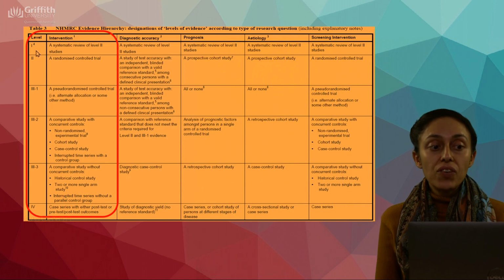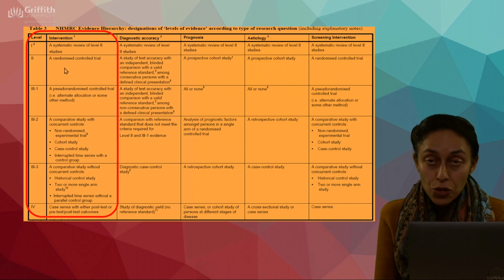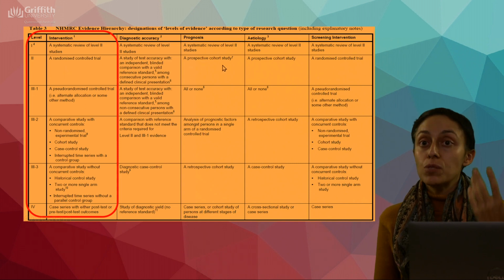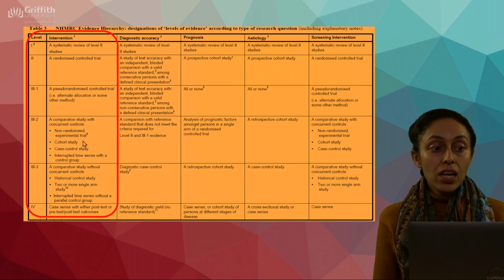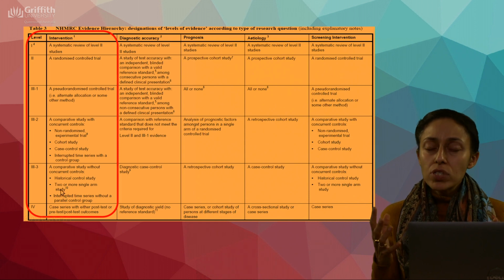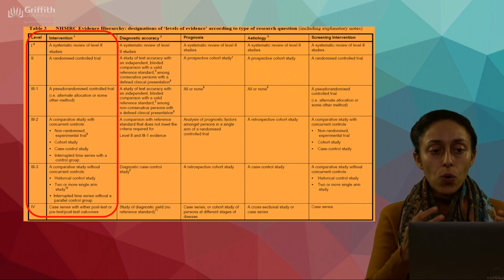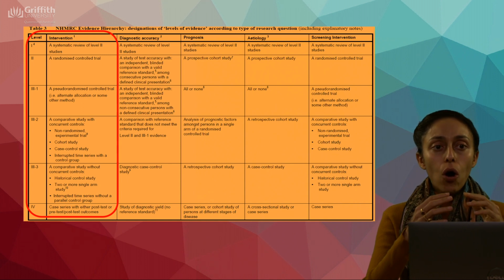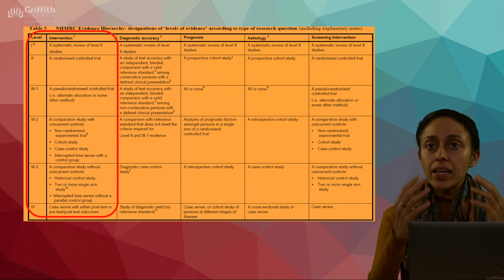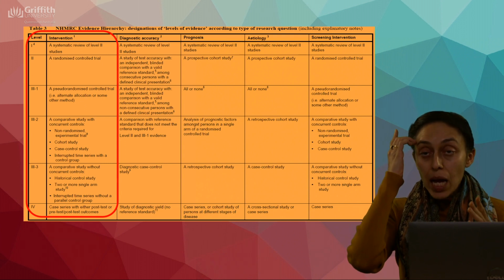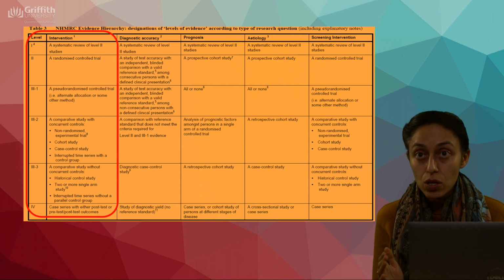Level 1 evidence is systematic reviews of randomized control trials and of prospective cohort studies. So what are systematic reviews, guys? A systematic review is not like me going out, doing one piece of research on X number of people and coming back to tell you the finding. Those types of studies are called original research.